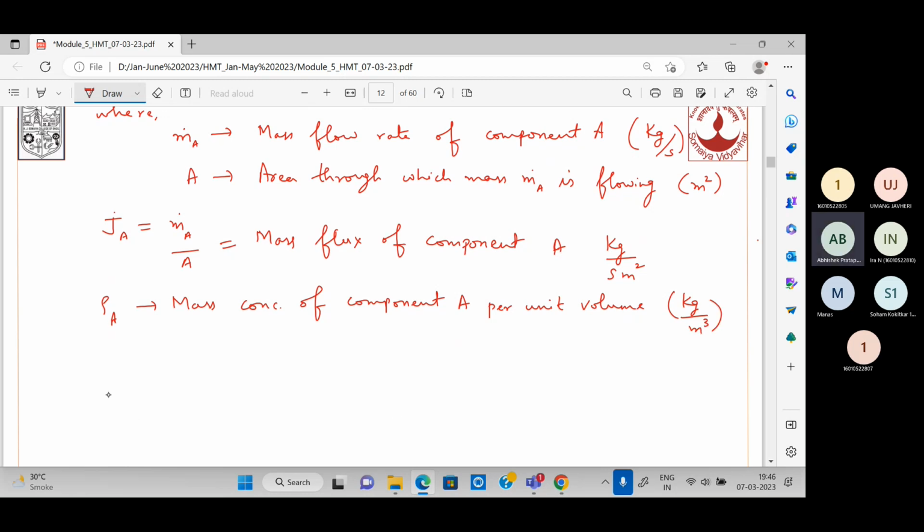Now what is this DAB? That is required to understand. DAB is the constant of proportionality, also known as the diffusion coefficient. Very, very important.